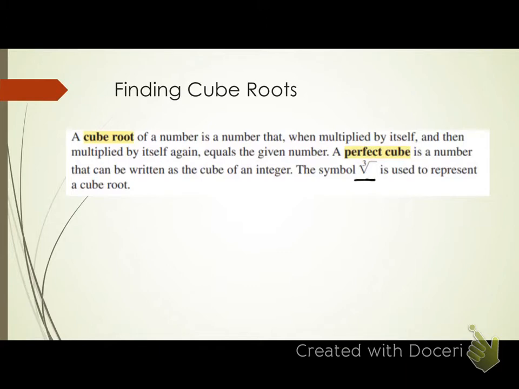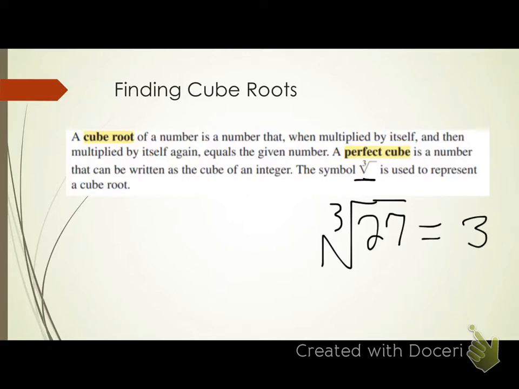This little symbol right here is what we use to represent a cube root. It's a square root with a little 3. And that represents our cube root. So if I'm trying to find the cube root of, let's say, 27, I'm asking myself, what number times itself twice gives me 27?